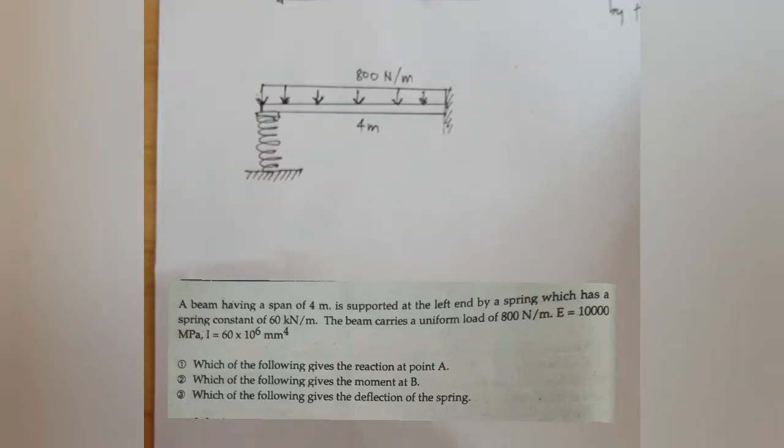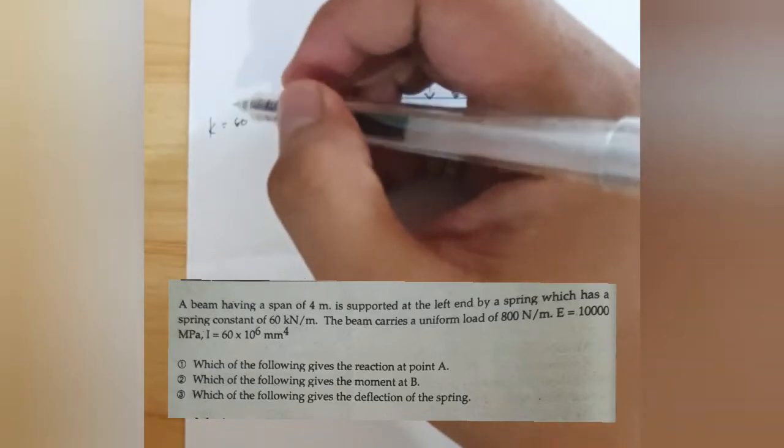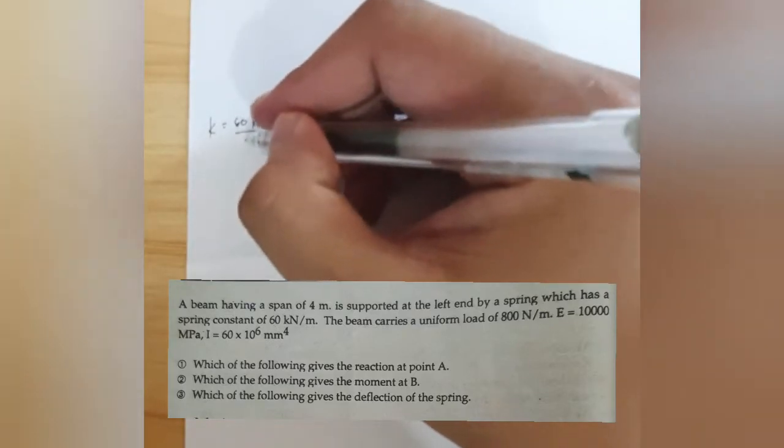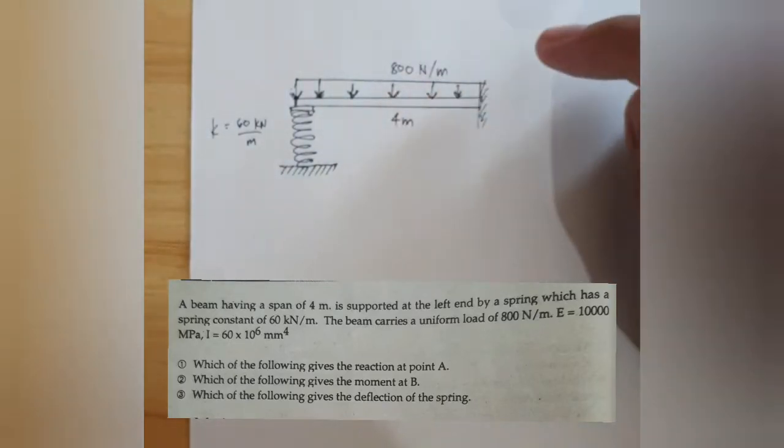We have this problem: a beam having a span of 4 meters is supported at the left end by a spring which has a spring constant of 60 kilonewton per meter. So we have K is equal to 60 kilonewton per meter. The beam carries a uniform load of 800 newton per meter.